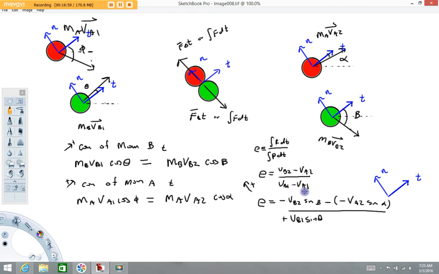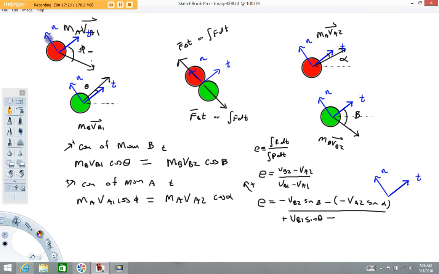Then minus vA1. So I'm going to look at my vA1. It's hard to see here, but mA vA1 makes an angle phi with the tangential direction. vA1 cosine phi would give me the tangential component of vA1. vA1 sine phi would be like this, in the opposite direction of the normal.